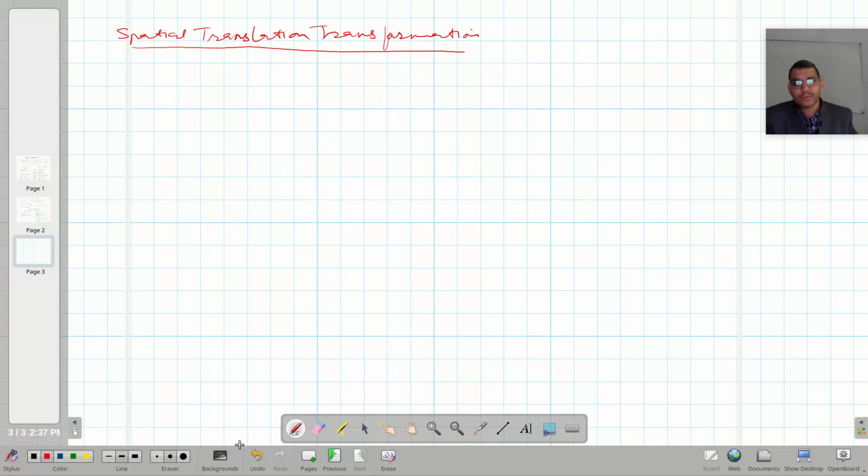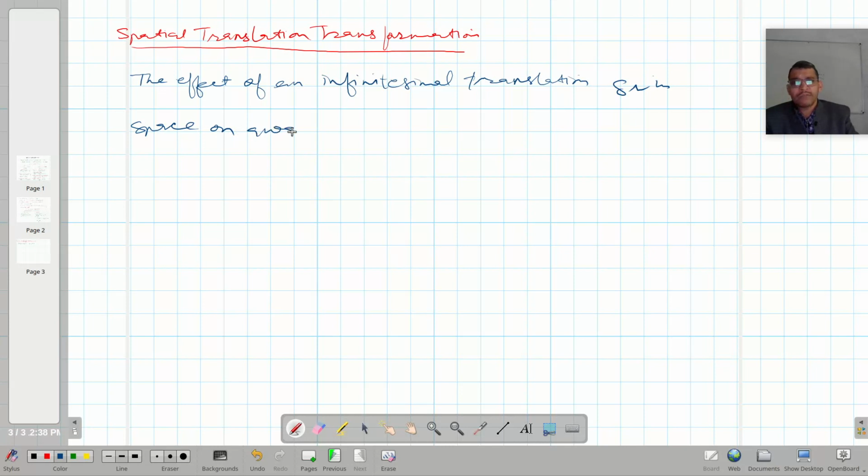So the effect of an infinitesimal translation delta r in space on a wave function psi is given as, it will become psi prime, if r changes from r to r plus delta r, right?